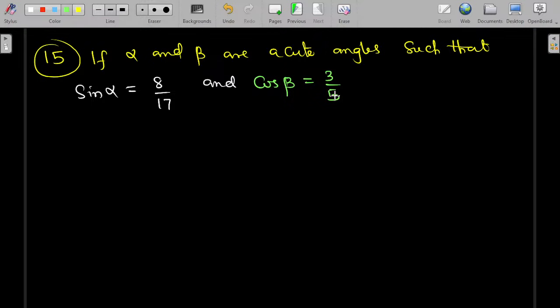Okay, we are asked to find, without using tables, the cos of alpha plus beta.